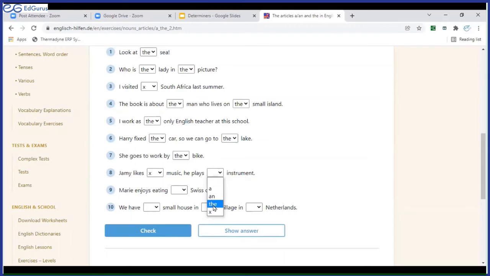Aisha? I have a doubt. Okay, no problem. Mary, do remember this is the learning process, so no problem. Mary enjoys eating dash Swiss cheese. Mary enjoys eating the Swiss cheese. We have dash small house in dash village in dash Netherlands.